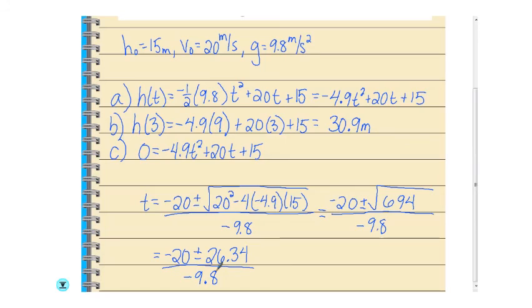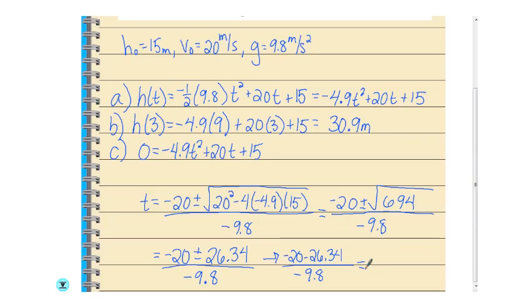So now we have to remember that our variable here is time, so we have to only use positive answers. So if we add -20 and positive 26.34, we're going to get a positive number in the top, but then we're going to divide by the -9.8 and get a negative answer. So in this case, we only want to look at the minus answer, so we're going to get -20 minus 26.34 all over -9.8.